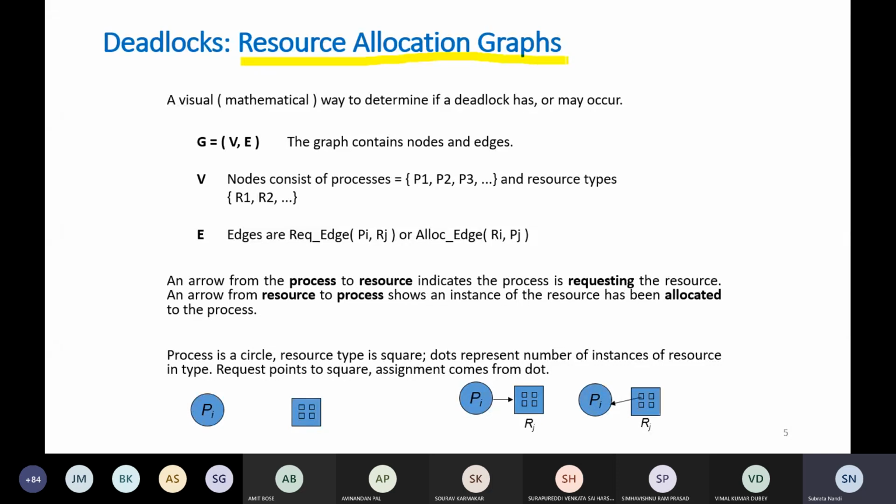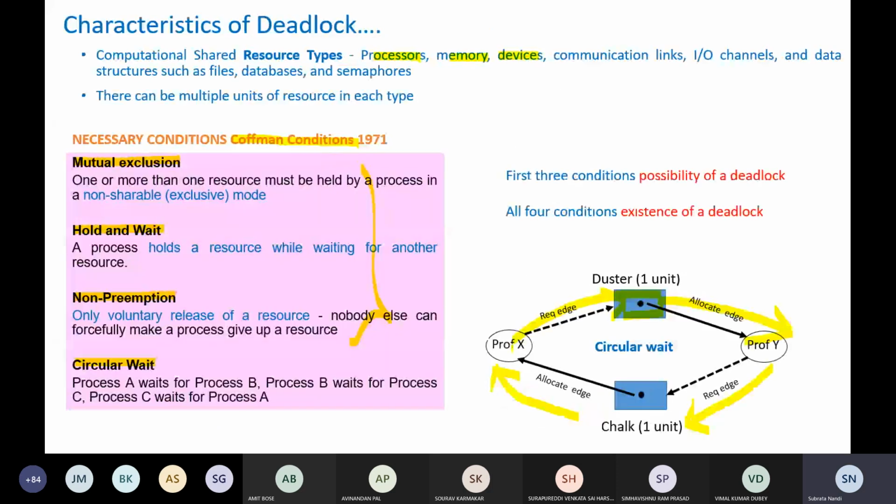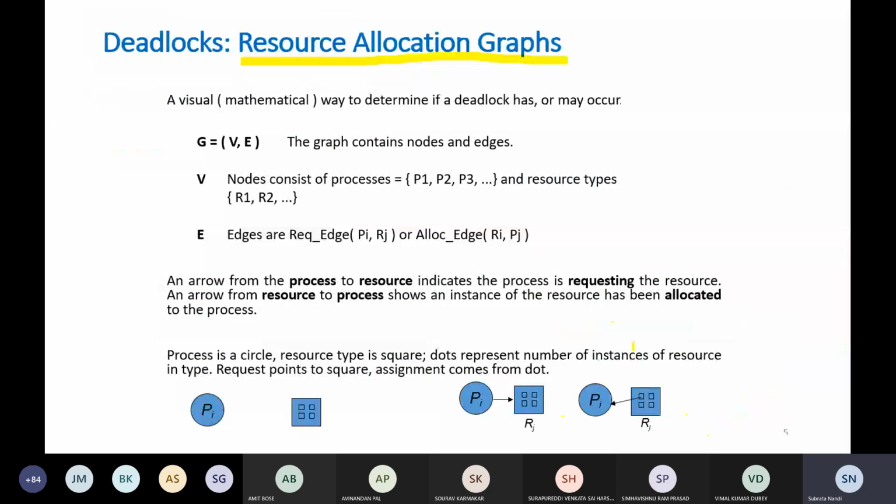We denote the dependency, the request and allocation, in terms of edges, and we denote the processes and also the resource types as nodes. It becomes easy to visualize, as we found in the previous case also. So this is a kind of resource allocation graph. We can describe it more formally: a resource allocation graph G consists of V and E, where V consists of both the processes as well as the resource types, the boxes as well as the circles.